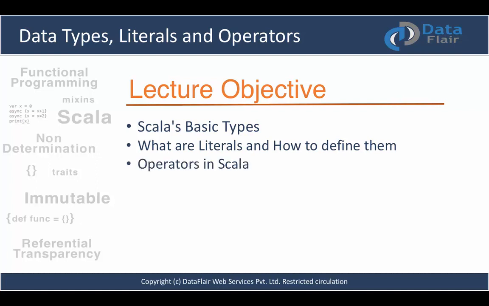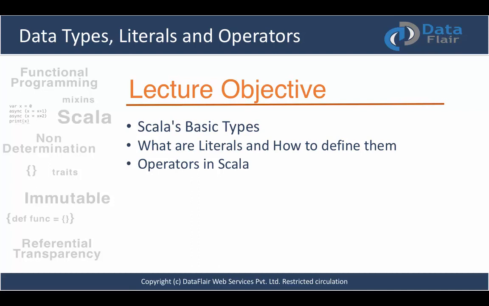Then we will talk about operators in Scala. If you want to apply any kind of logic, or you want to add, or perform any kind of operation, you need some constructs for that, and those are operators. Operators are classified as arithmetic operators, which include addition, multiplication, subtraction, and division.